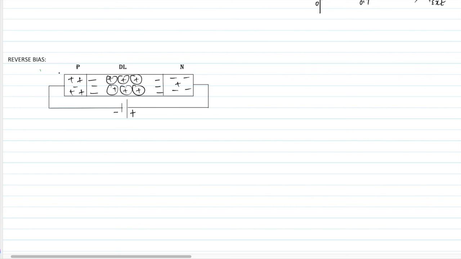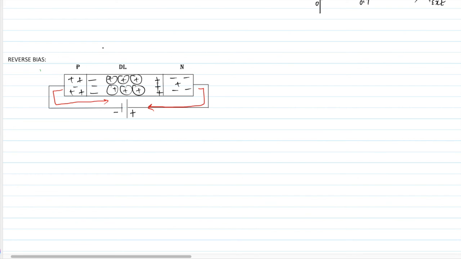Now what happens is that the holes here will get attracted towards the negative of the battery because opposite poles attract, right? So it will move towards the negative of the battery, and this side also the electrons in N layer will move towards the positive of the battery because opposite poles attract each other.